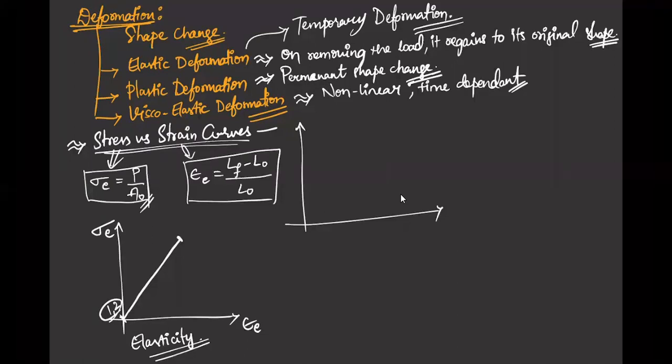But in plastic deformation you will go like this, where you see some permanent strain induced in the body. That means there is some permanent shape change in the body. If my body is fracturing at this point, it is my fracture strain, epsilon F. Okay, this is plasticity.